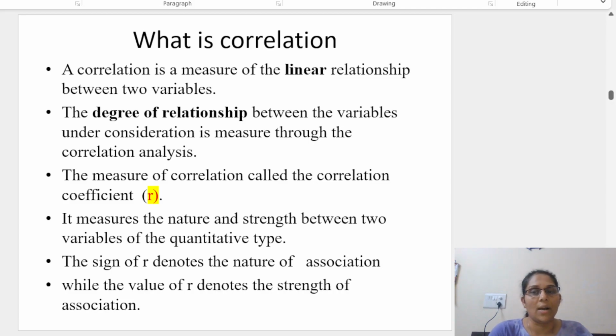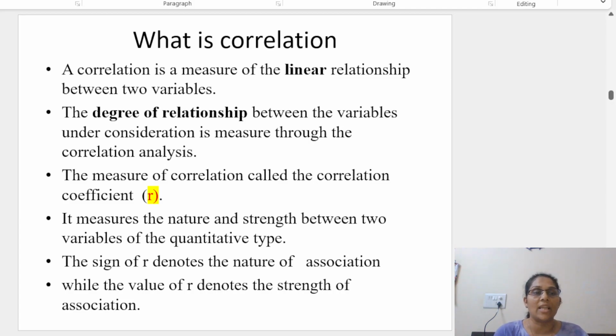Let us take one more example, number of vehicles and number of accidents. As the number of vehicles increases in a real-life scenario, we can observe that the number of accidents also increases. So if the value of one variable increases, then the value of the other variable also increases.